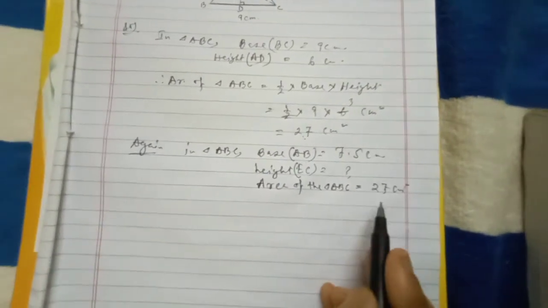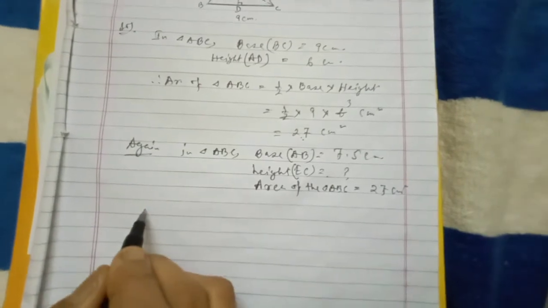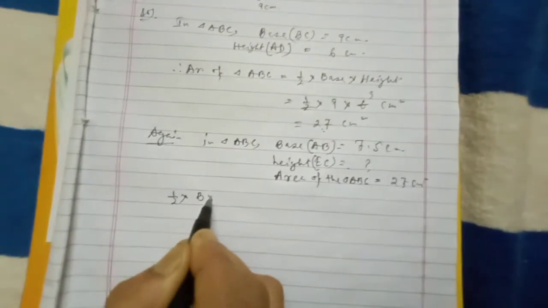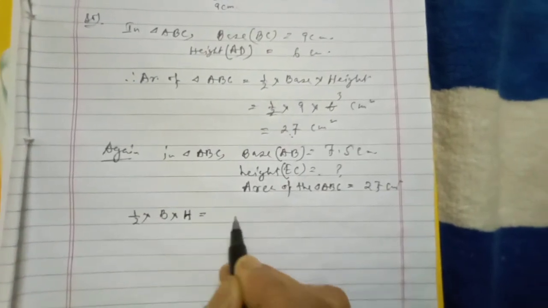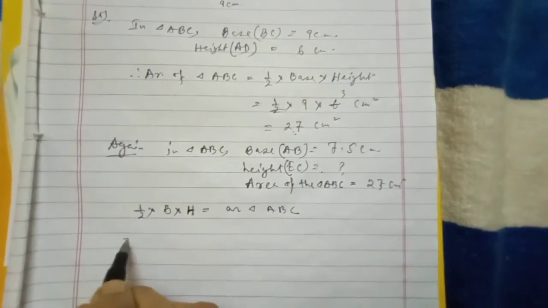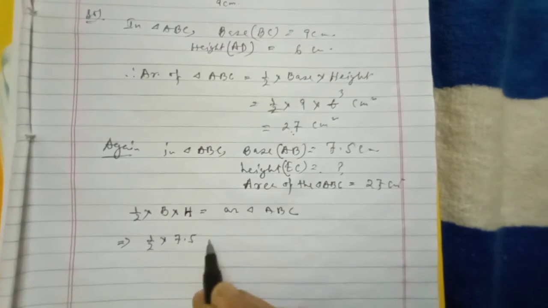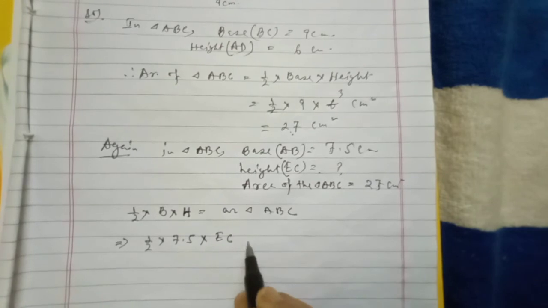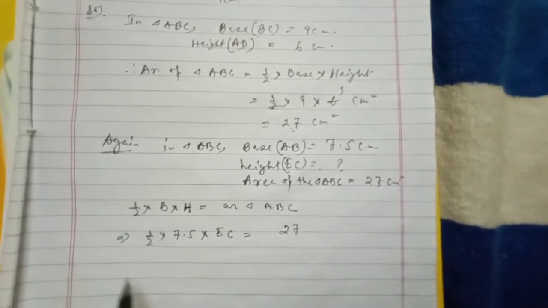Now by using this area, you can find the height, as half into base into height is equal to area of triangle ABC. Now half into base 7.5 into height EC, which you have to find out. Area of triangle 27 centimeter square.